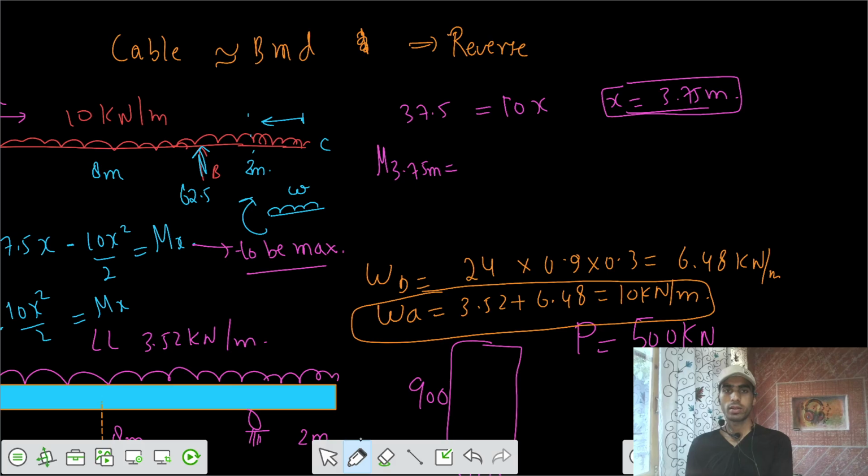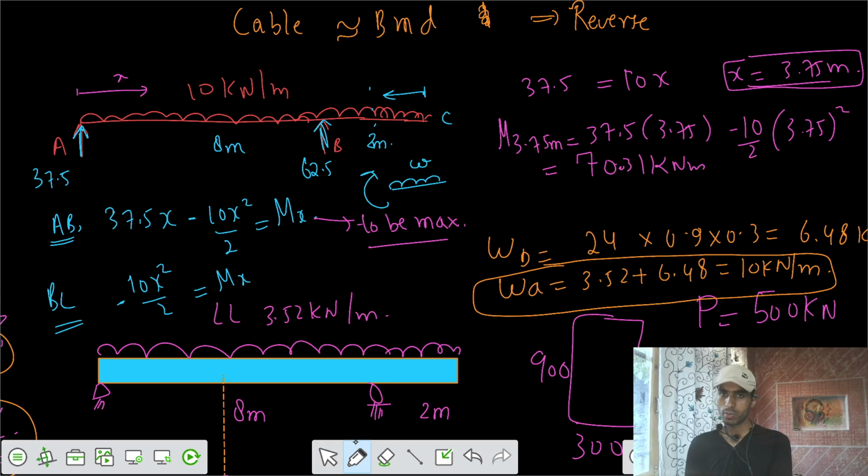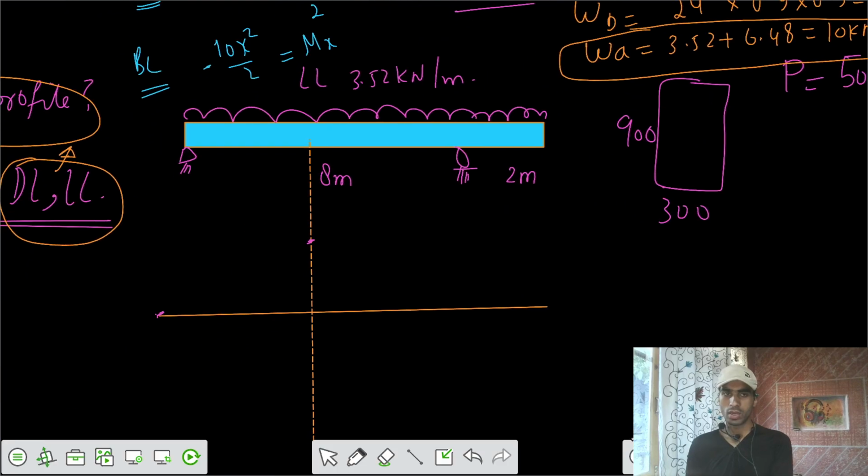Substituting into this equation: 37.5 times 3.75 minus 10 by 2 x squared. That moment comes to be 70.31 kilonewton meter, positive.